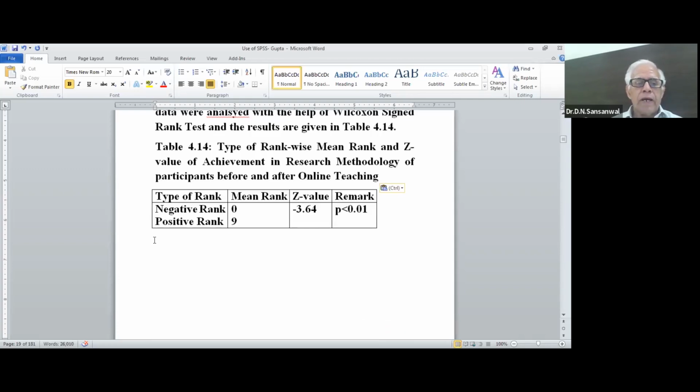Now, from table 4.14, positive rank is 17. Let us see.